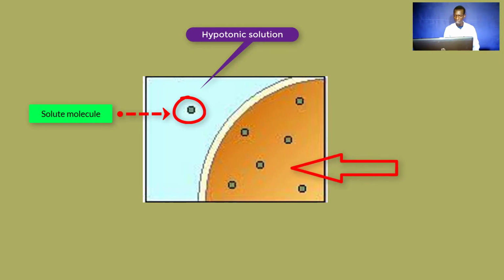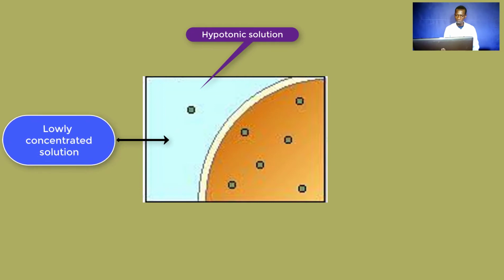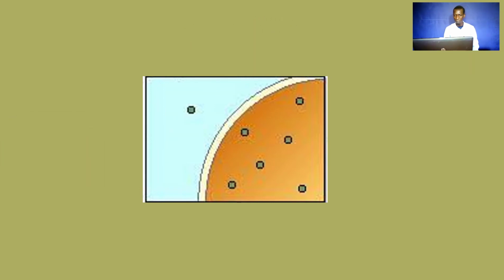That is now the region inside the semi-permeable membrane, which comprises more solute molecules compared to this outer region. Therefore, we say that this outer region comprises a lowly concentrated solution, which is also referred to as hypotonic solution.